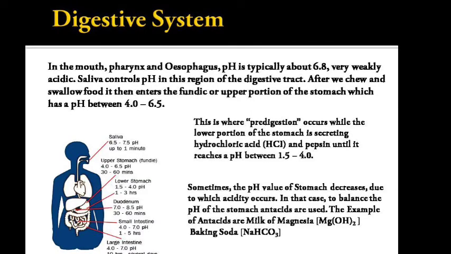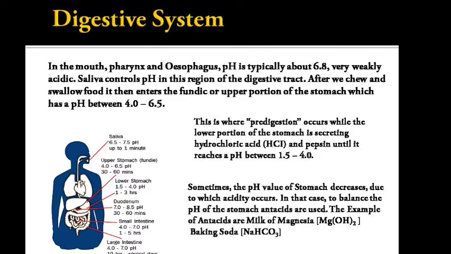After we chew and swallow our food, it enters the fundus or upper portion of the stomach, which has a pH of around 4 to 6.5. Now this is where pre-digestion occurs, while the lower portion of the stomach secretes hydrochloric acid. It also secretes pepsin, and the pH value of the lower stomach is around 1.5 to 4.